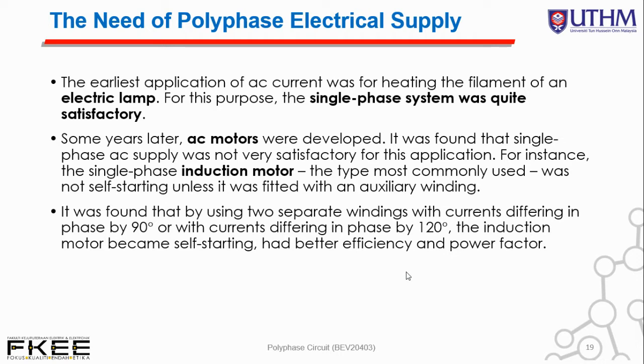They came up with two separate windings instead of one single winding, and applied a certain amount of current with different phases, 90 degrees apart or 120 degrees apart. So they figured out that the motor became a self-starting machine with better efficiency and power factor.